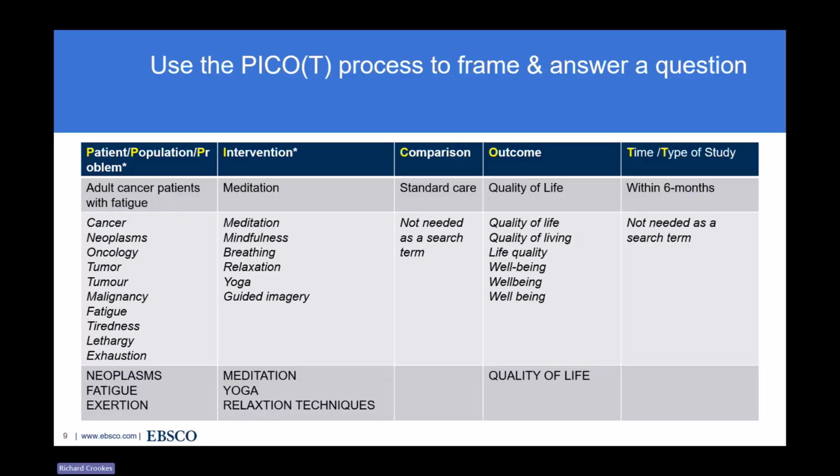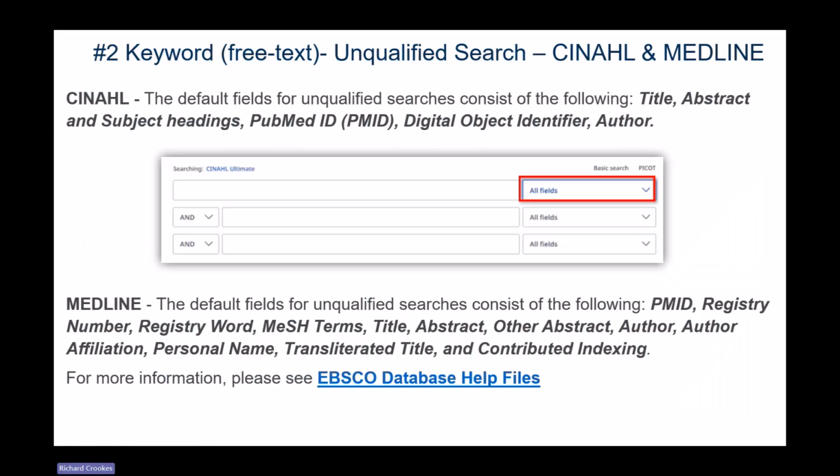When you rely on the indexing alone, the CINAHL subject headings, the MeSH terms, you are depending on those terms being assigned to articles that are indexed. So not all articles have been fully assigned subject headings. So it's a good practice to look at the free text terms in addition to the subject terms, which are more authoritative. Okay. So again, you may have various views on that and experiences with that as well.